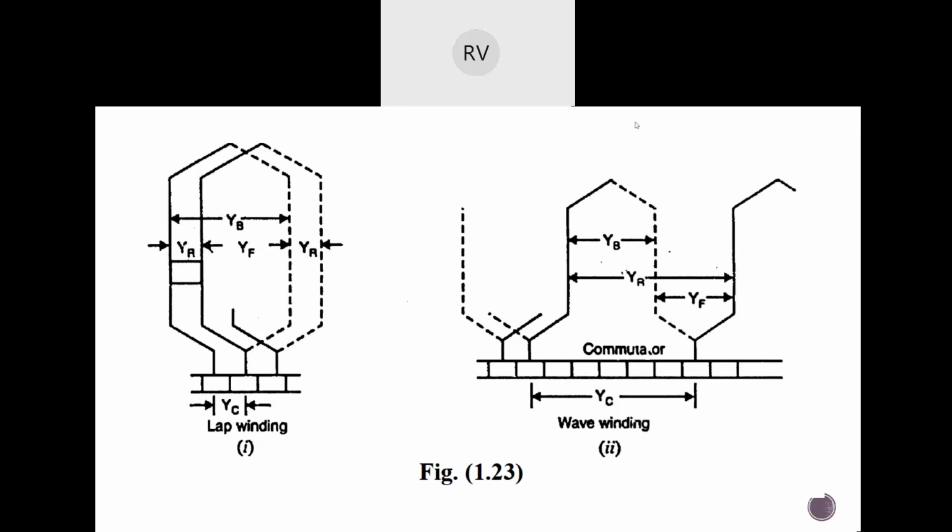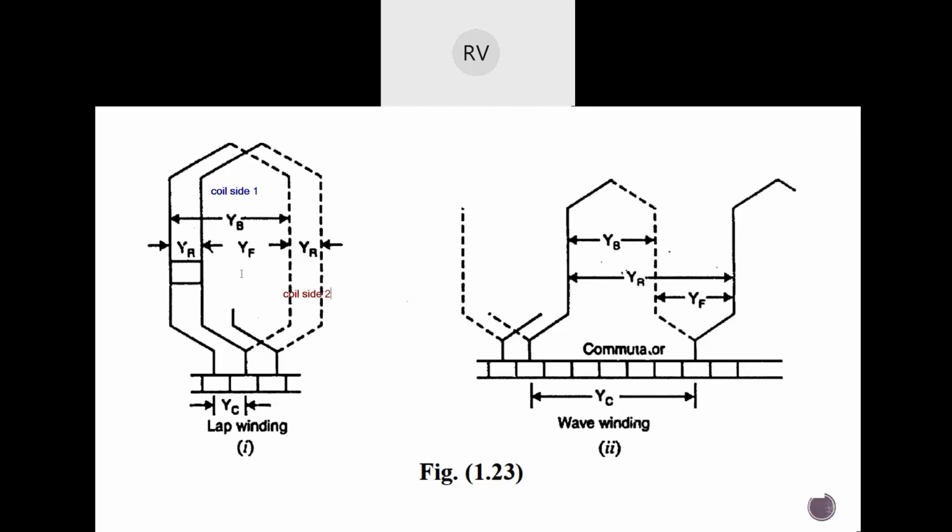In this diagram you can see this coil side, which I'm labeling as coil side 1, as well as this coil side, which I'm going to label as coil side 2.